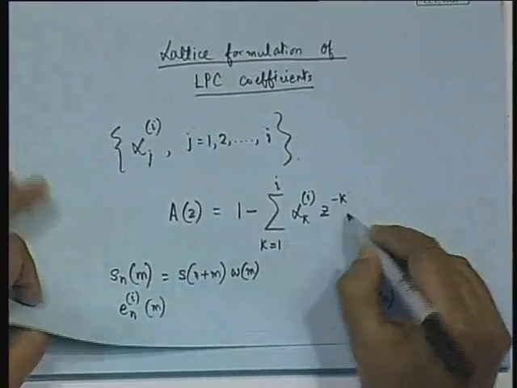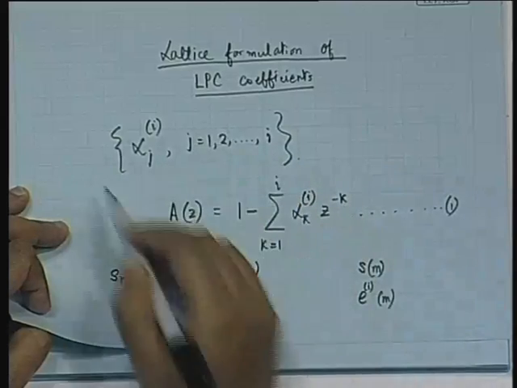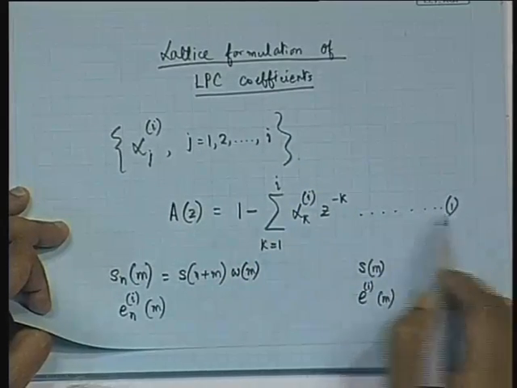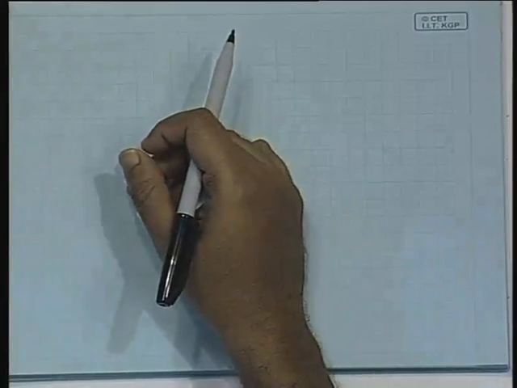Whenever I am writing it with a superscript, that means to say that the prediction error will be iterative. So, the output of the filter will be the prediction error, and we are going to write it like this. Let us number the equations. The filter that we realize out of the predictor coefficient, the Z transform expression of that, we are calling equation number 1, and as equation number 2 we are going to write the expression for the error term.